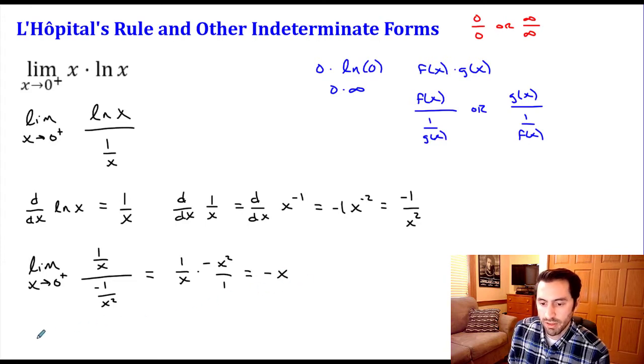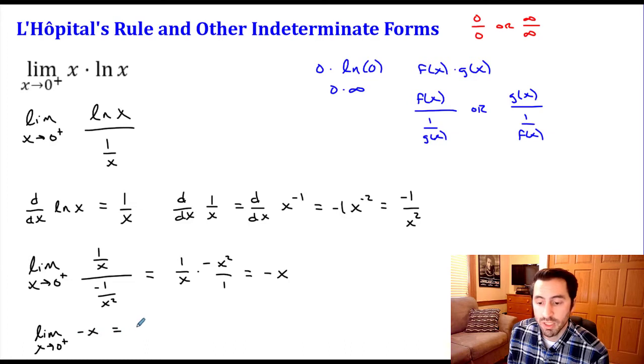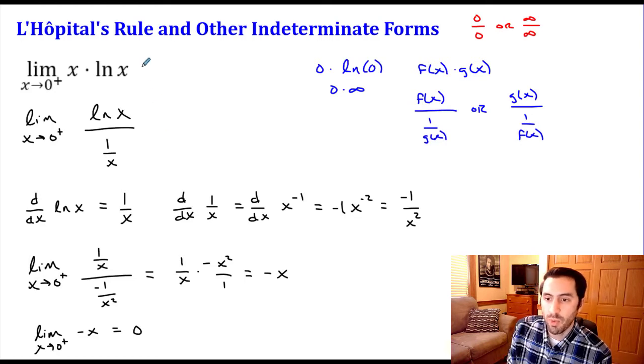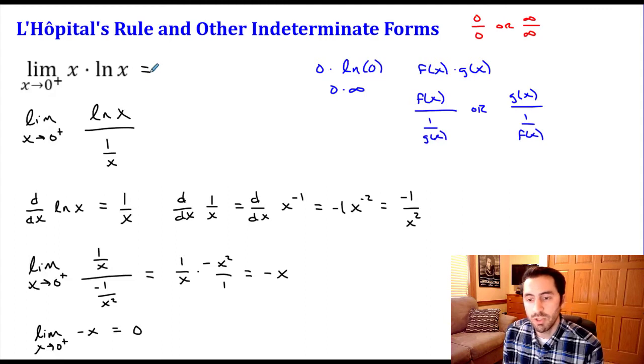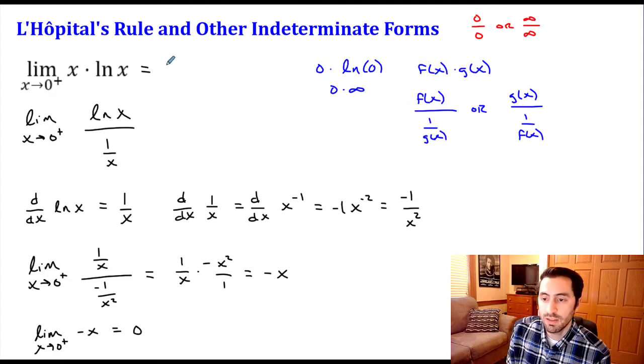So what we're looking at then, the limit as x approaches 0 from the right of negative x, and here we can just plug in 0, and we get our limit is equal to 0. So that means all the way back here at the top, our original limit, because we were able to use L'Hopital's rule, this limit is also equal to 0.